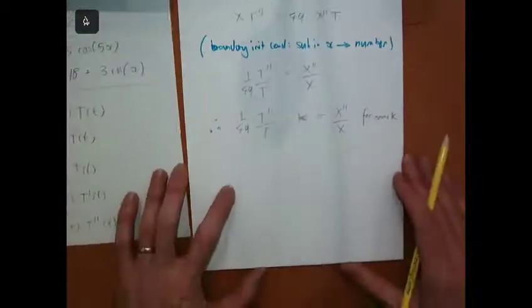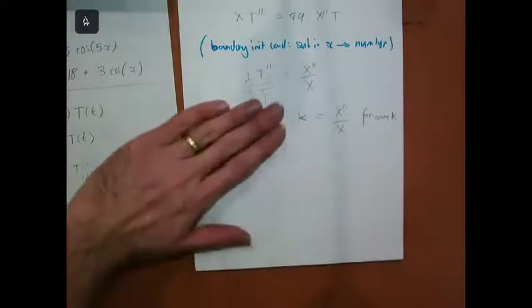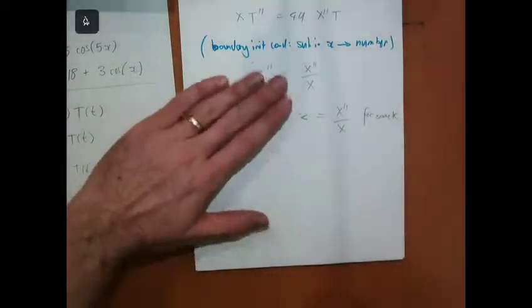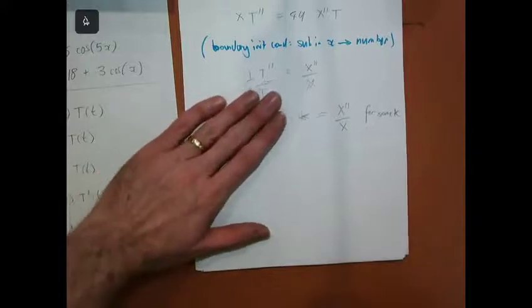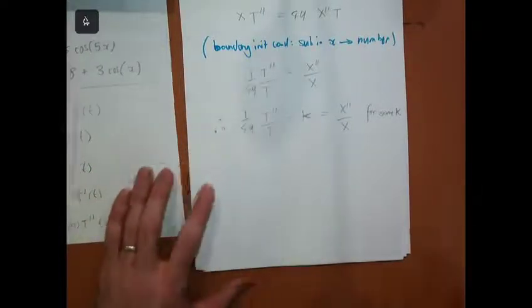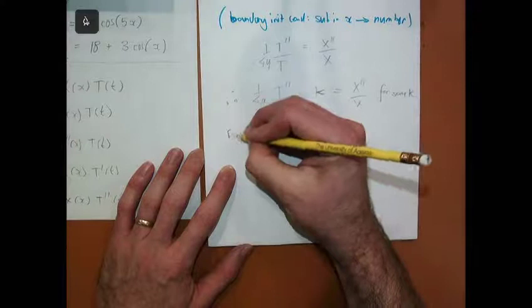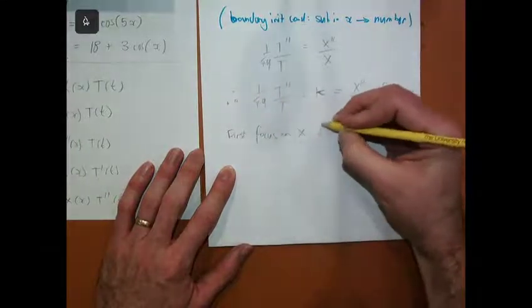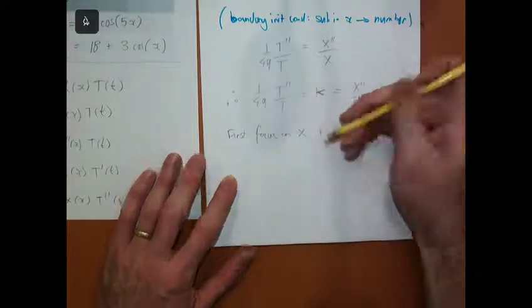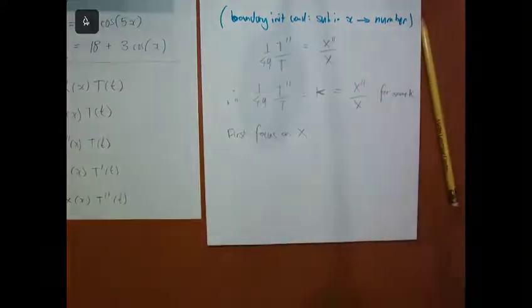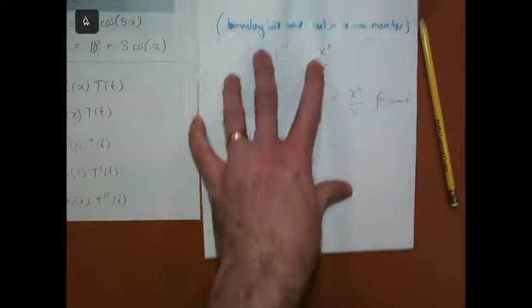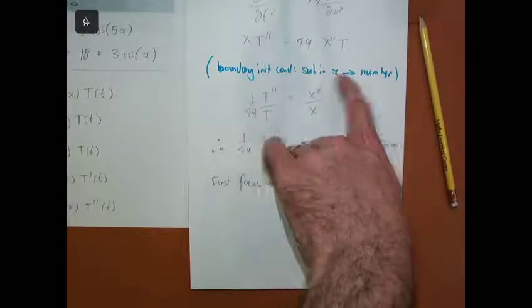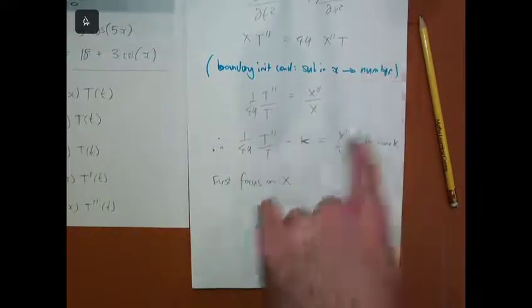Okay, so the first one I'm going to do is the one that doesn't have any other numbers floating around. The only number in here that's not an x is a k. And it's not so much that it's the x that I'm focusing on, it's the fact that it's the one that has the boundary conditions where you sub it in and get a number, those ones. That's why I've chosen x.